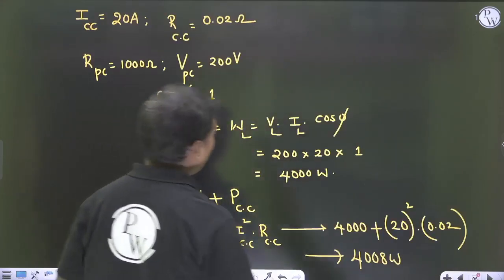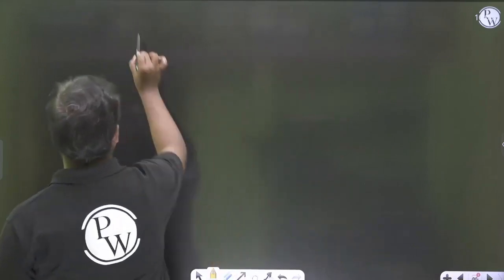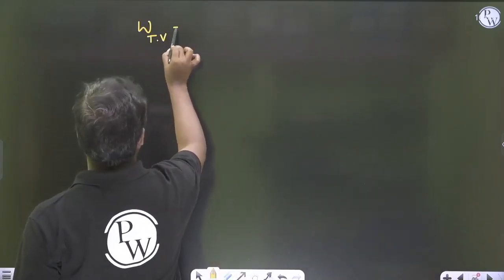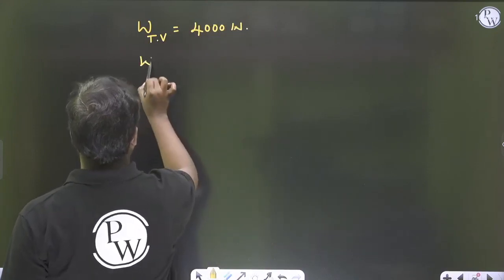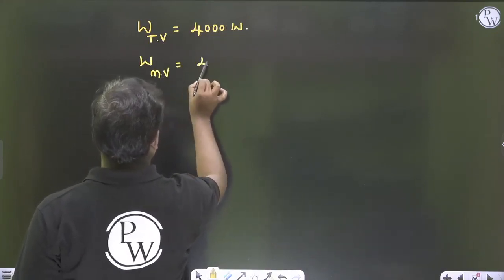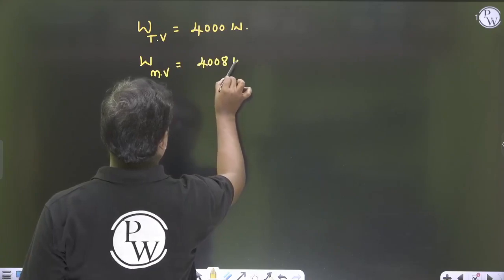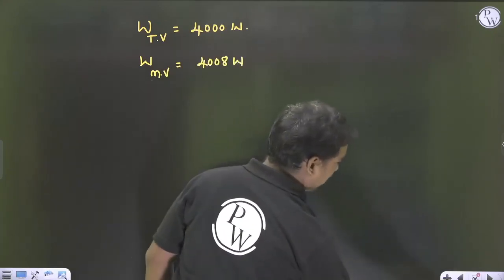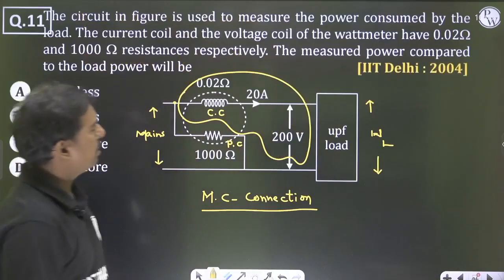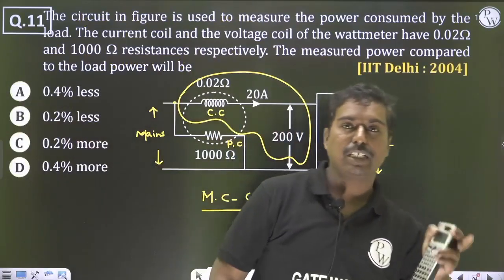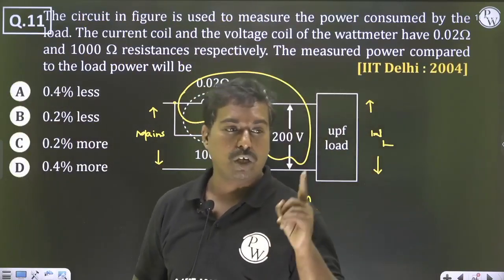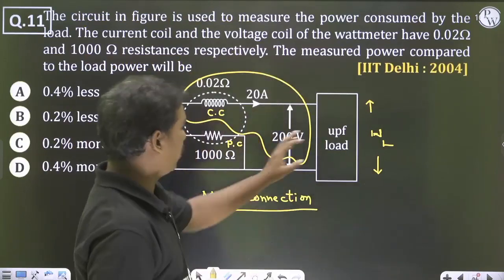So the true value is 4000 watts, and the measured value is 4008 watts. The question asked is, I think, the percentage error. Always remember, in the LC connection or MC connection, the error is due to the coil which is connected to the load side.